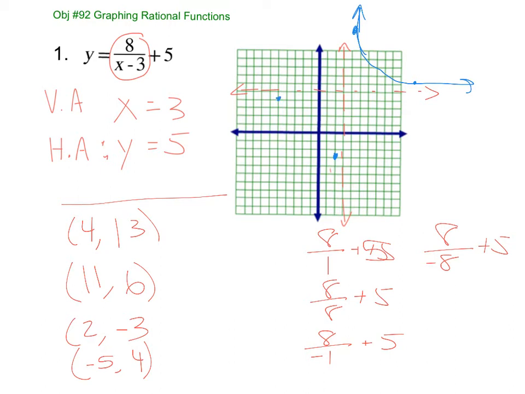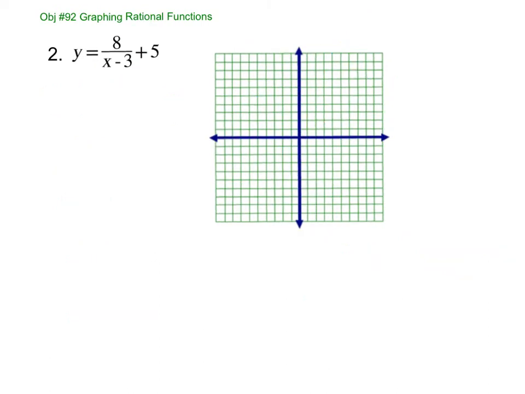So these are not super close because of the 8. The bigger the number on top is, the farther away it's going to be. So that looks pretty good. That's it. Fix that. All right. So apparently we have the same number twice.